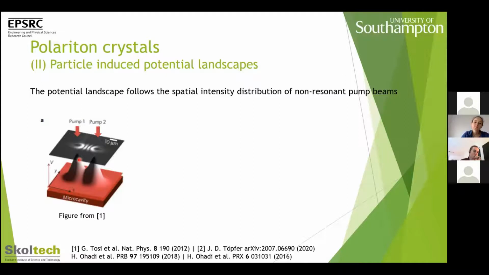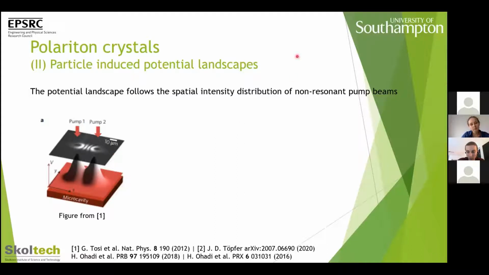And so these exciton reservoirs, their spatial density, is dependent on the intensity distribution of the non-resonant pump beams, and the potential which polaritons within that system feel is dependent on the exciton density.